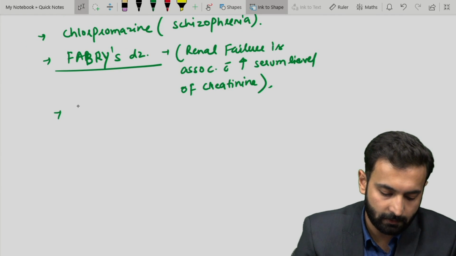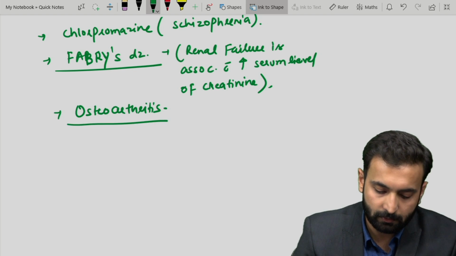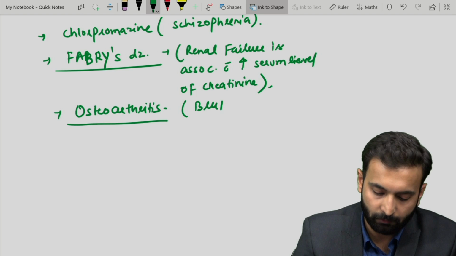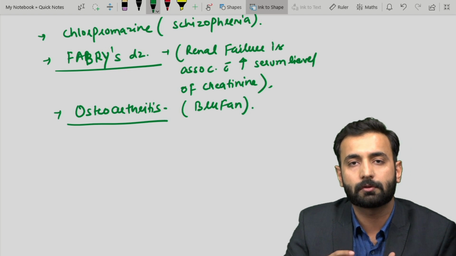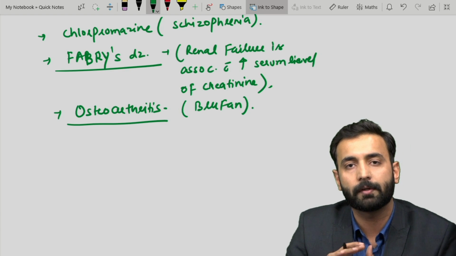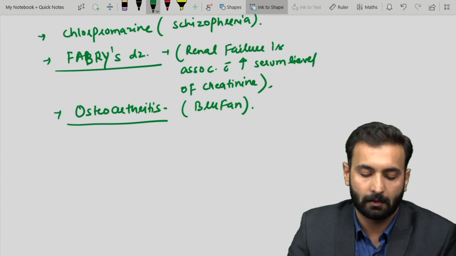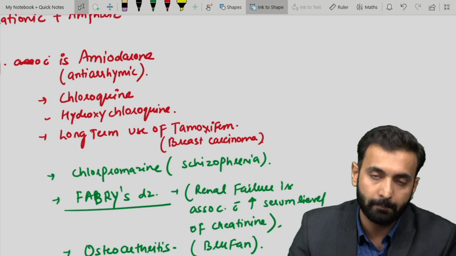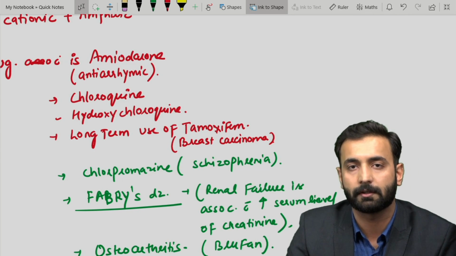Now another cause is osteoarthritis. Which drug is used in osteoarthritis? The drug associated is Brufen. So these are the drugs, out of which the most important one is the long-term use of tamoxifen. The most common drug associated with vortex keratopathy, as we have discussed, is amiodarone, an anti-arrhythmic drug, followed by chloroquine and hydroxychloroquine.